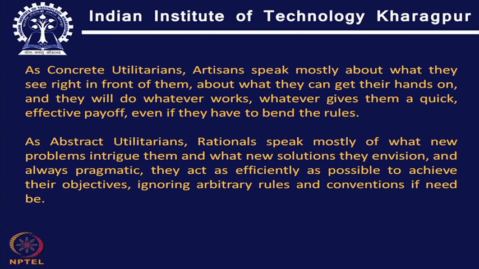As abstract utilitarians, rationals speak mostly of what new problems intrigue them and what new solutions they envision, and always pragmatic, they act as efficiently as possible to achieve their objectives, ignoring arbitrary rules and conventions if need be.